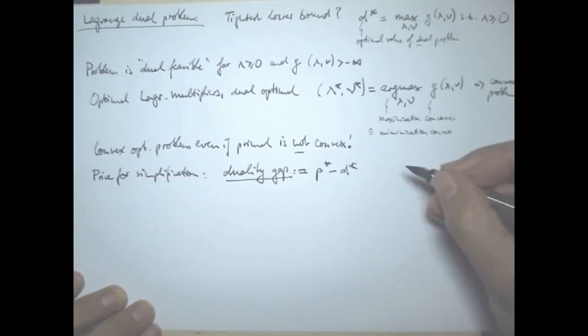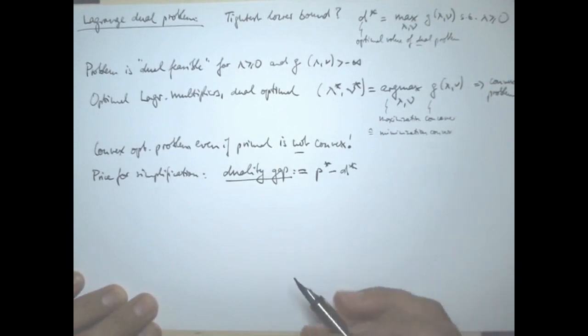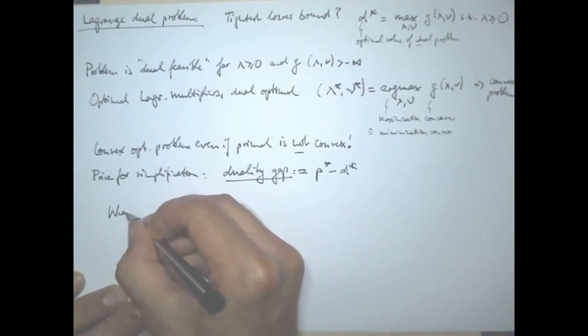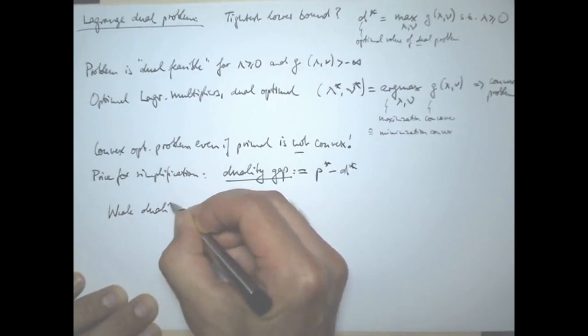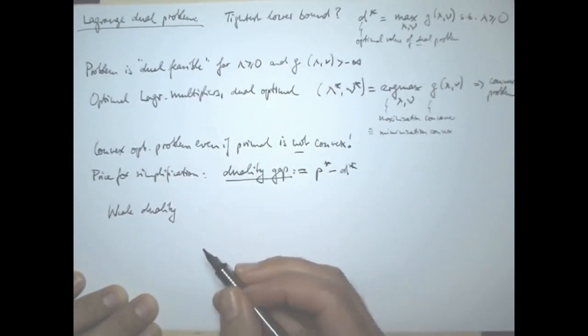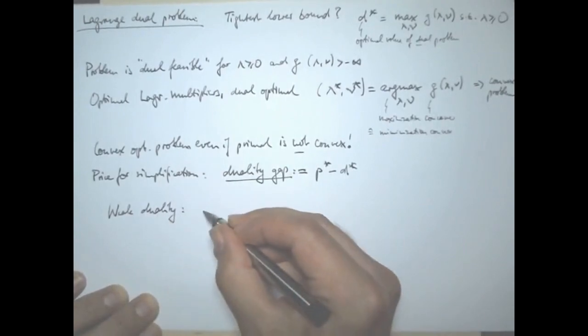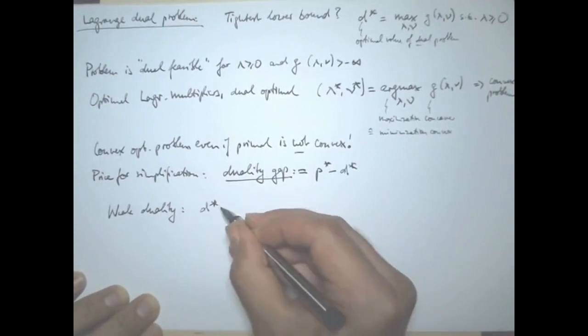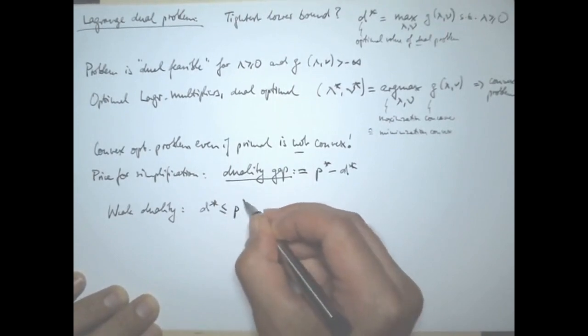And there are then two properties. There is weak duality, which always holds. We have already shown it. It says that the optimum value of the dual is always less than or equal to that of the primal.